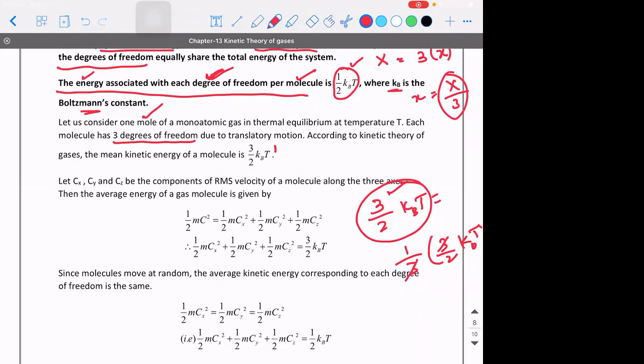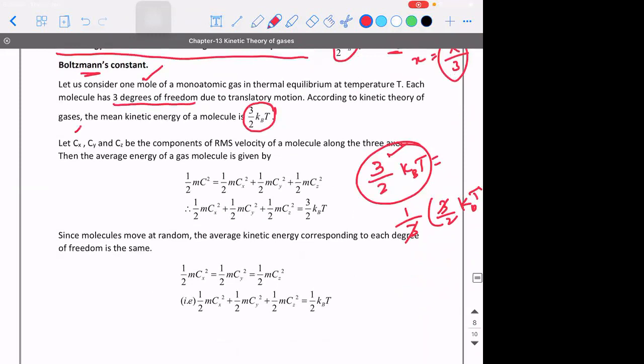According to the kinetic theory of gases, the mean kinetic energy of the molecule is 3 by 2 into kb into T. Let Cx, Cy, and Cz be the components of the RMS velocity of the molecule along the 3 axes. Then the average kinetic energy of the gas per molecule is half m c square, equal to half m cx square plus half m cy square plus half m cz square.